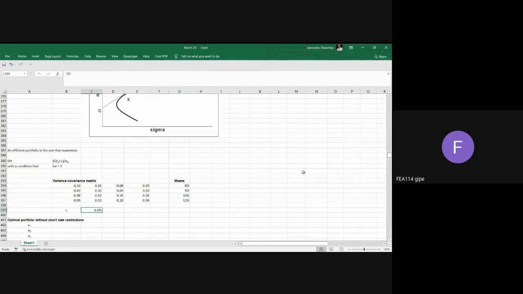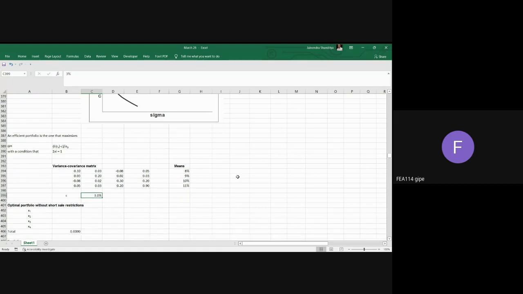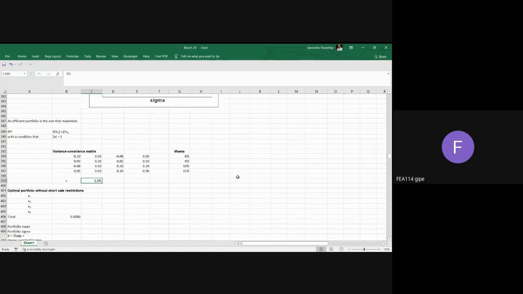You need to know where the risk-free rate is and how high you want to go on the efficient frontier. Given the covariance matrix and the mean returns, we want to know the optimal proportions, which is what we have done. But let's do it once again in a slightly crude way.